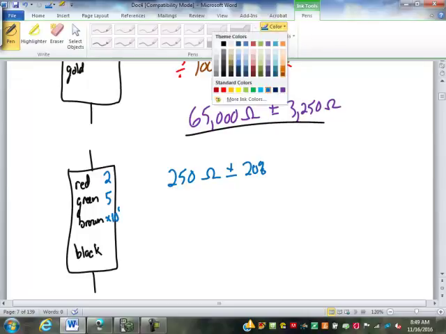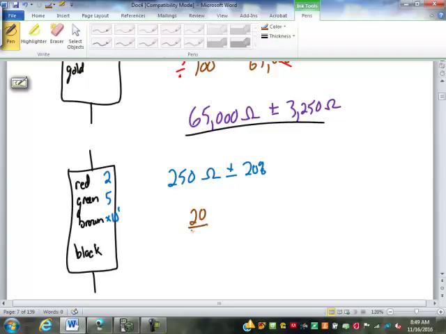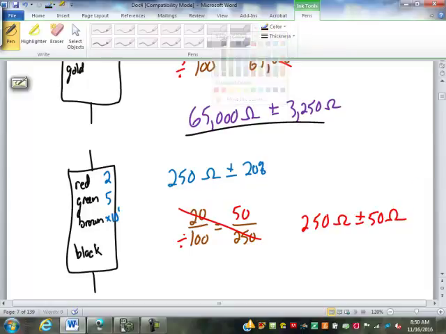None is also plus or minus 20%, but in some cases the black also stands for it. So then we have to find 20%. 20 out of 100 equals blank over 250. We cross multiply, divide. We get 50. So that's 250 ohms plus or minus 50 ohms.